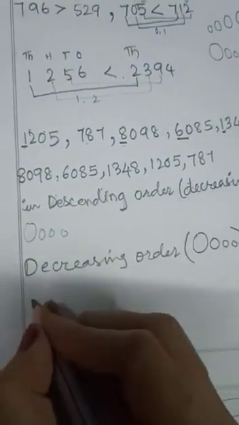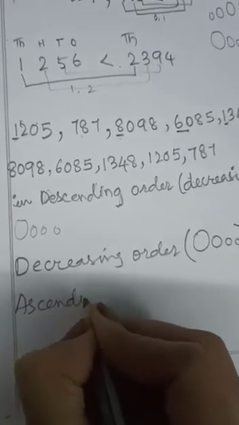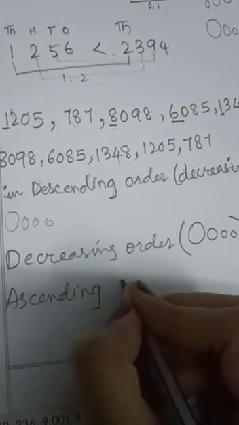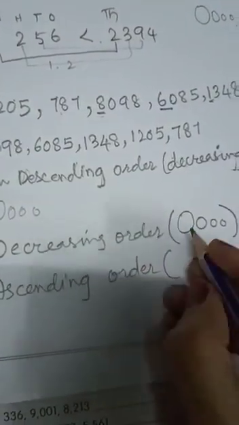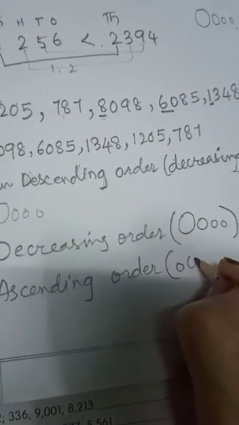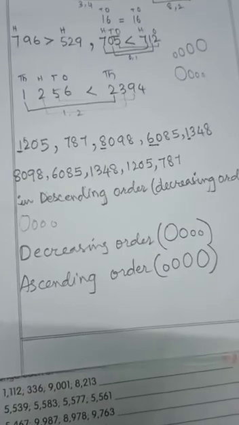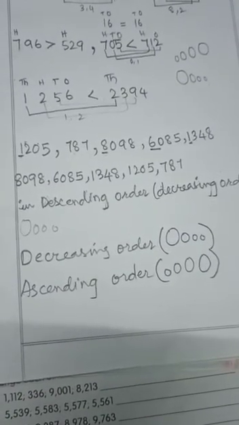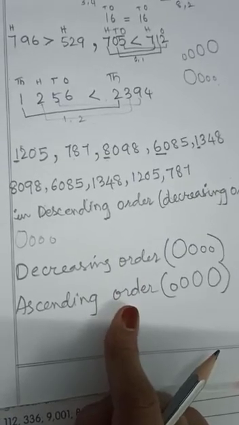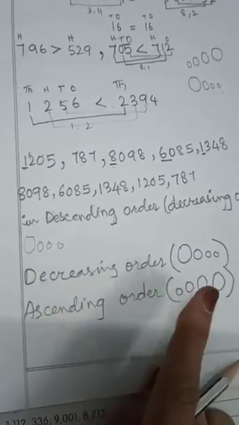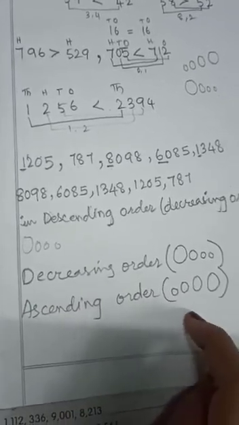And in ascending order, or increasing order, we arrange small to big. So don't get confused in this, children. Be perfect in decreasing order or descending order or ascending order or increasing order.